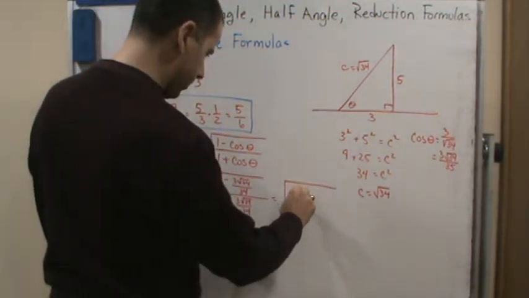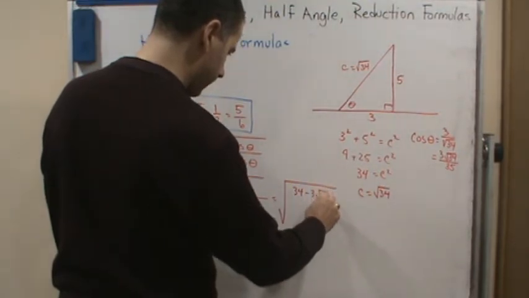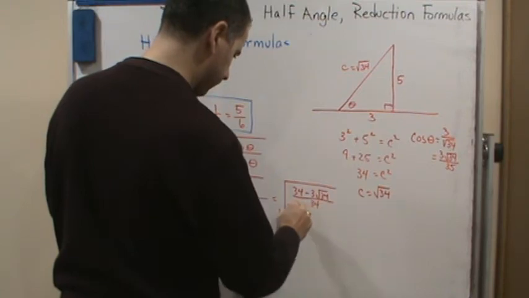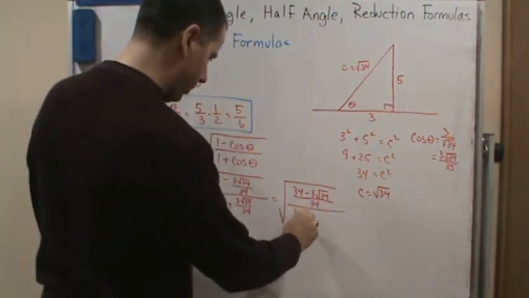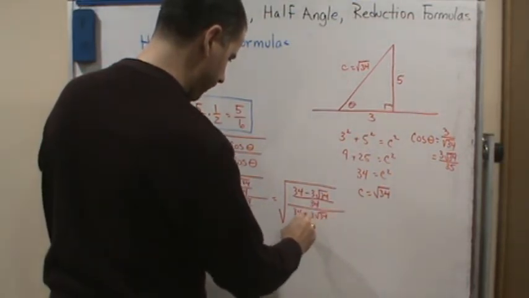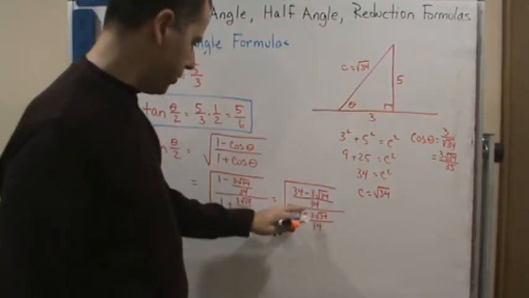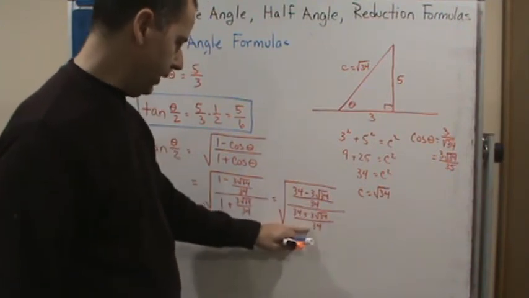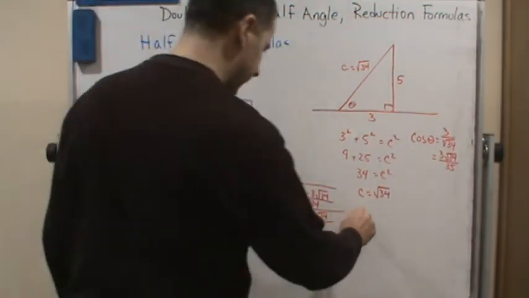So I'm going to write this as 34 minus 3 root 34 over 34, and then this is going to be 34 plus 3 root 34 over 34. Okay. Now, the 34s are going to cancel because they're both in the denominator, and if I multiply by the reciprocal, they're just going to cancel. Okay?